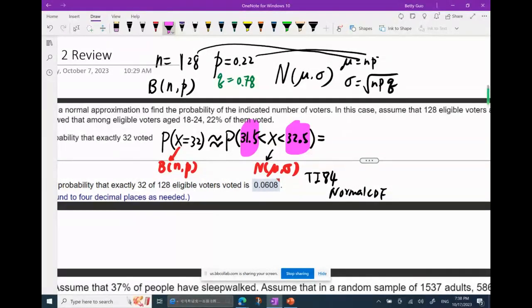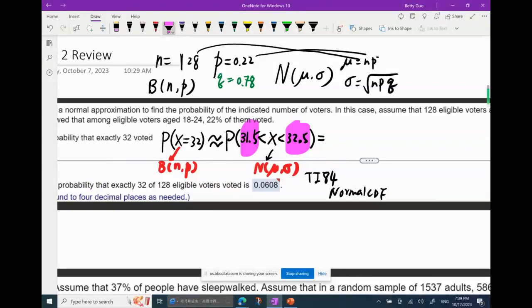And go down for sigma, I'm going to enter second x squared, and you will see a square root with a left parenthesis. I'm going to enter 128 times 0.22 times 0.78, and then close the expression with the right parenthesis.